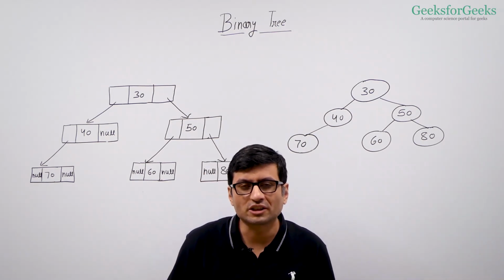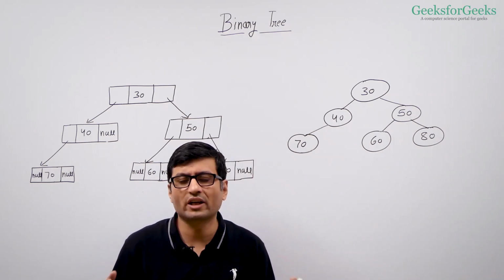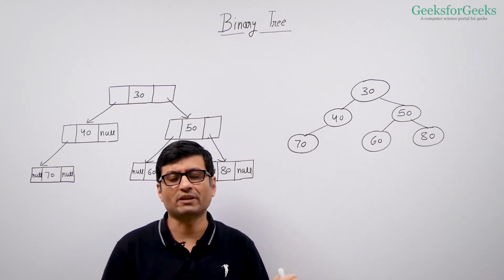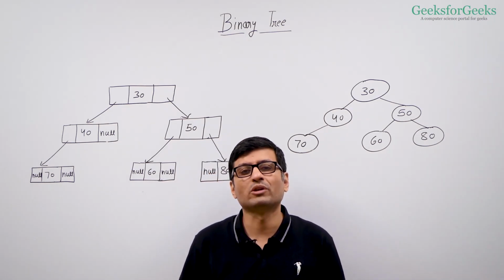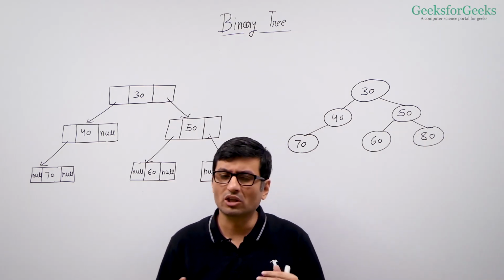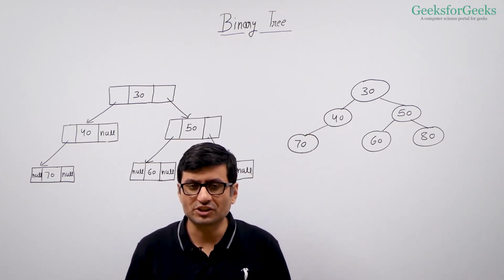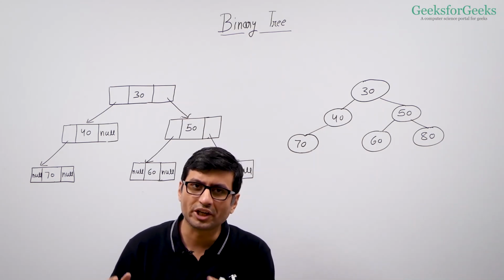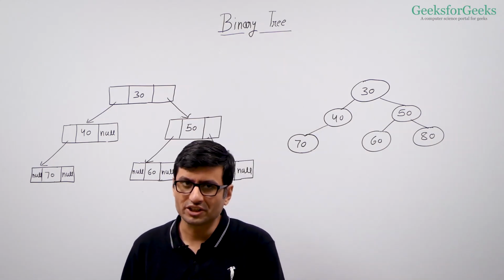Now the question arises, why do we study binary tree only? Why not general n-array tree, where a node can have any number of children? The reason is the most popular tree data structures which are used a lot are based on binary tree. Binary search tree is the most used tree data structure, and binary search tree is a binary tree variation.